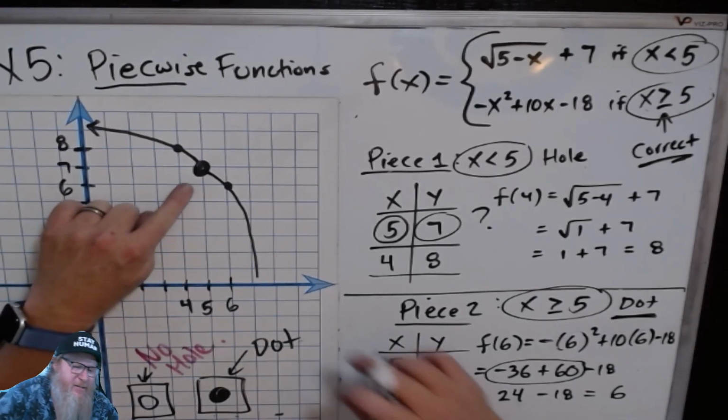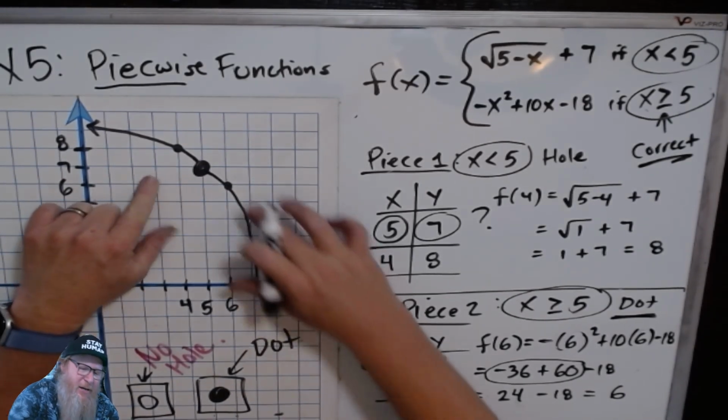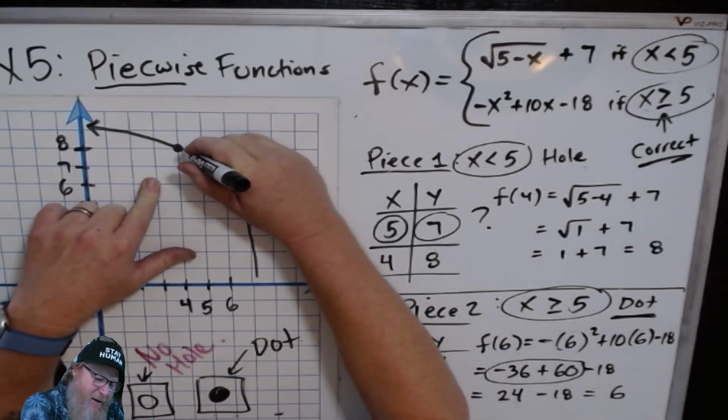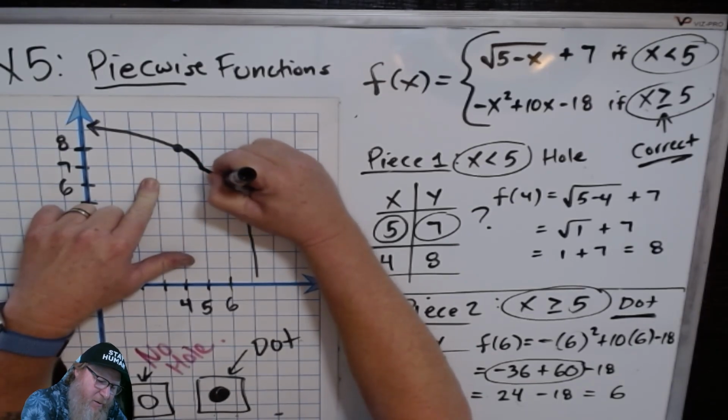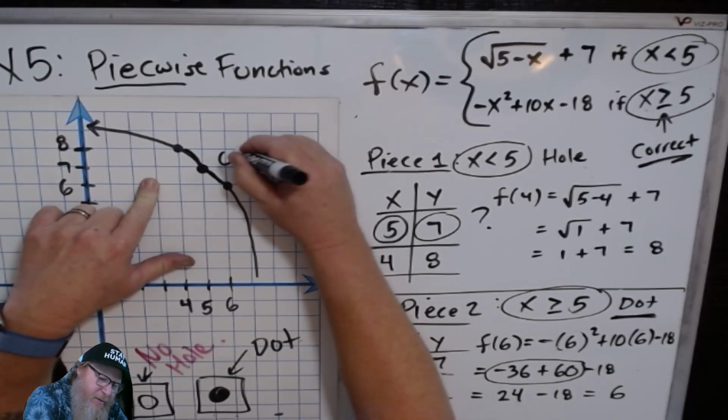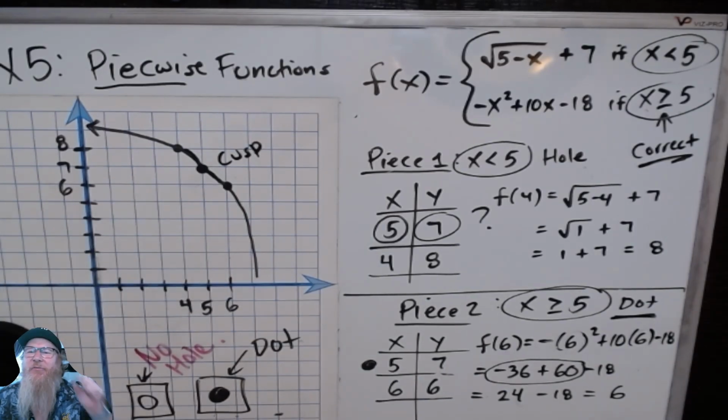Now, it's kind of hard to see what's going on here, but if you look very closely, that is a corner or a cusp. It is a very, very slight cusp.